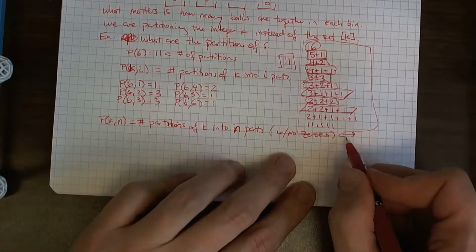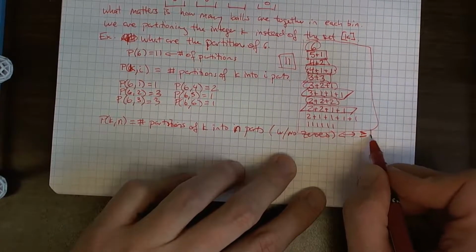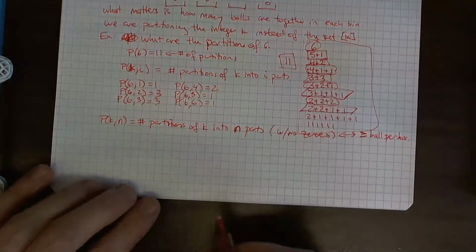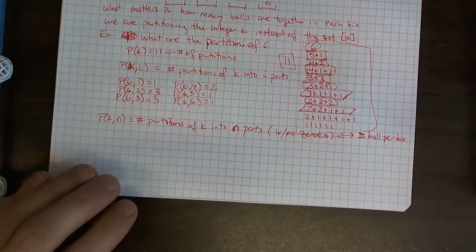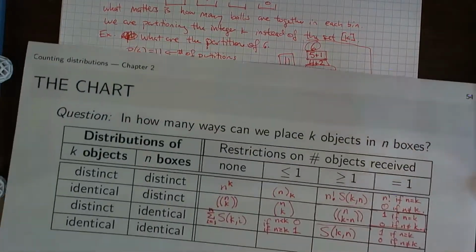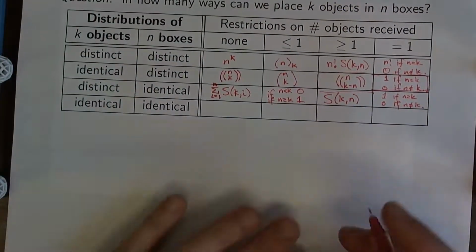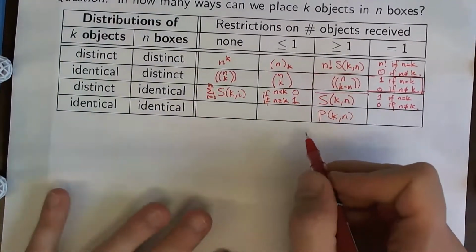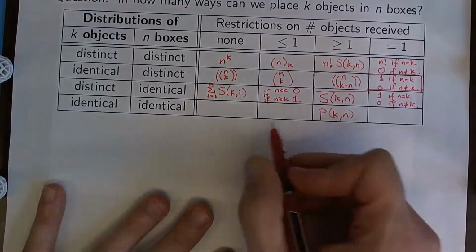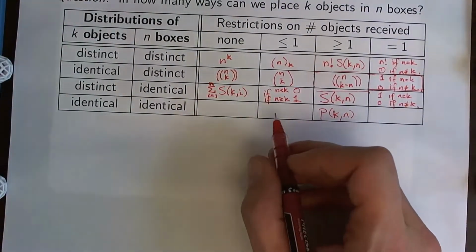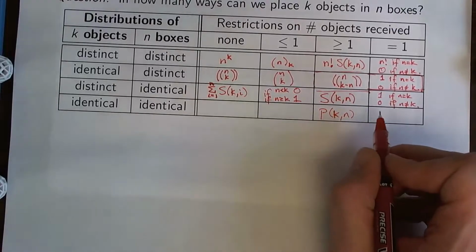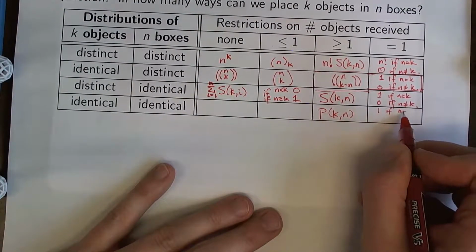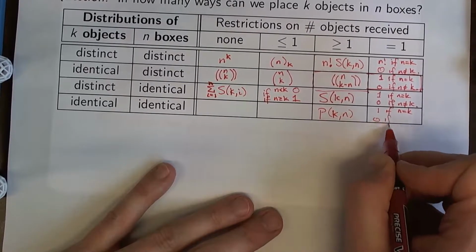So this corresponds to at least one ball per box, and so that's going to go here, p sub k n. And then the rest of the chart is going to look pretty similar to what we had before, which is that if there are the same number of balls and bins, well, there's only one way to do this.